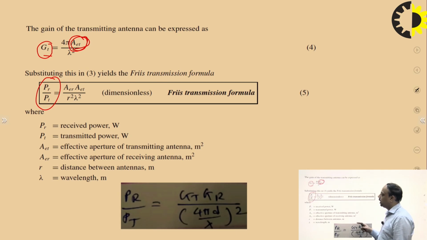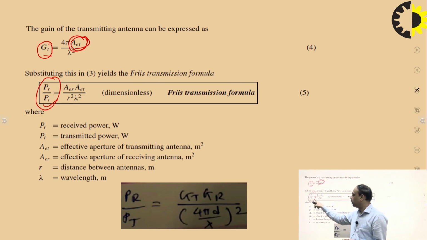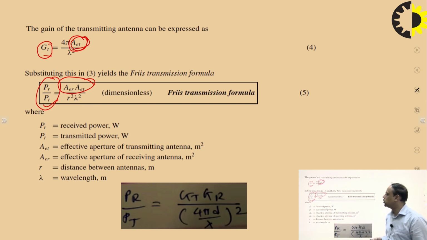This is the relation of the power received by the receiving antenna when PT power is transmitted, in terms of the effective areas of the two antennas and the distance between them.